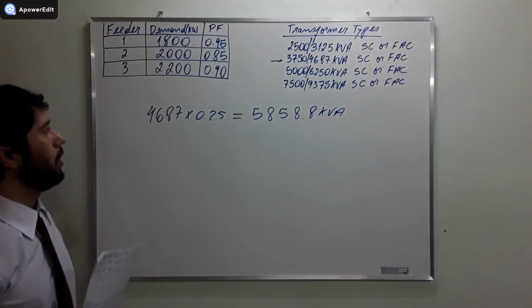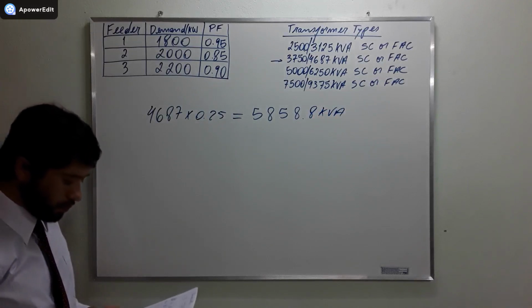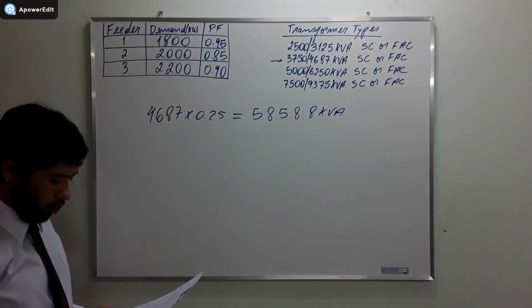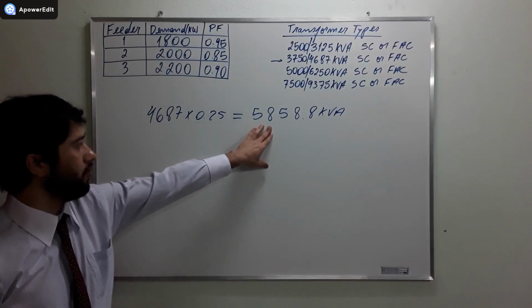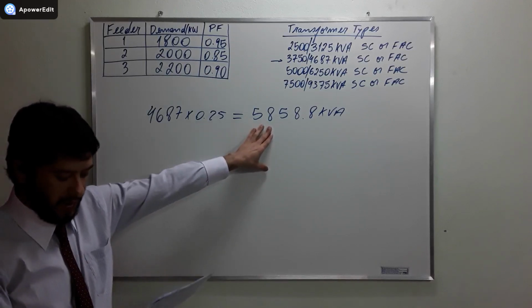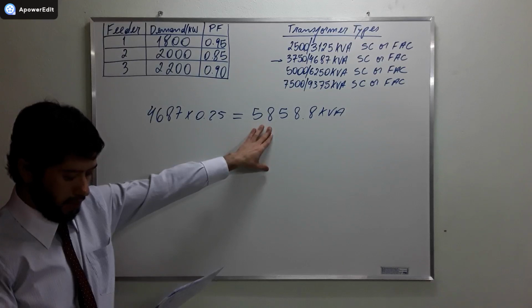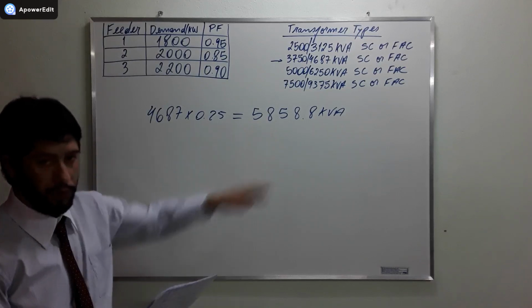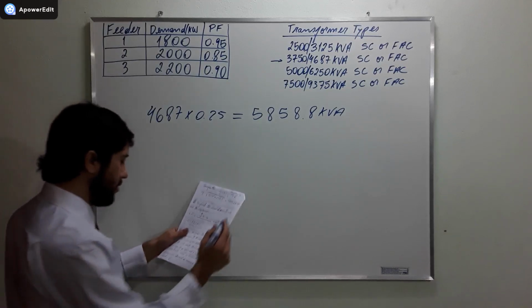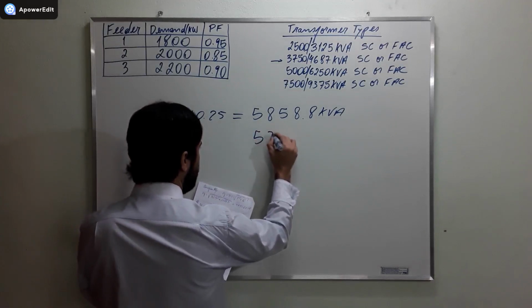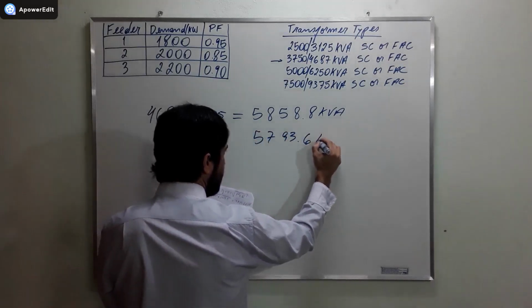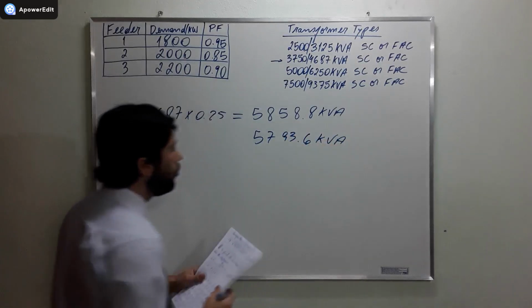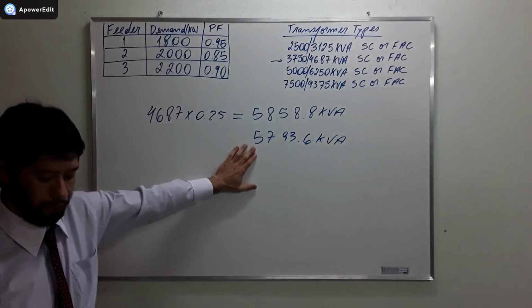Okay? So this rating, this 25% overload, is higher than the maximum demand. We found that the maximum demand is 5,793.6 kVA. So the maximum demand is this.